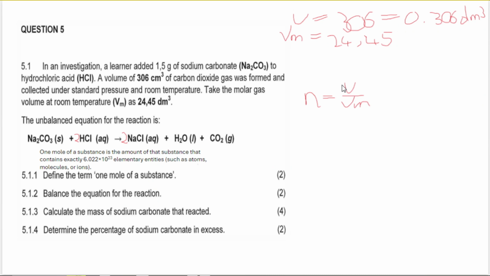So we know the volume, and we said, remember, use the volume in cubic decimeters, which is 0,306 divided by the molar volume, which is 24,45. Remember, it's given. Normally at STP it is 22,4, right?